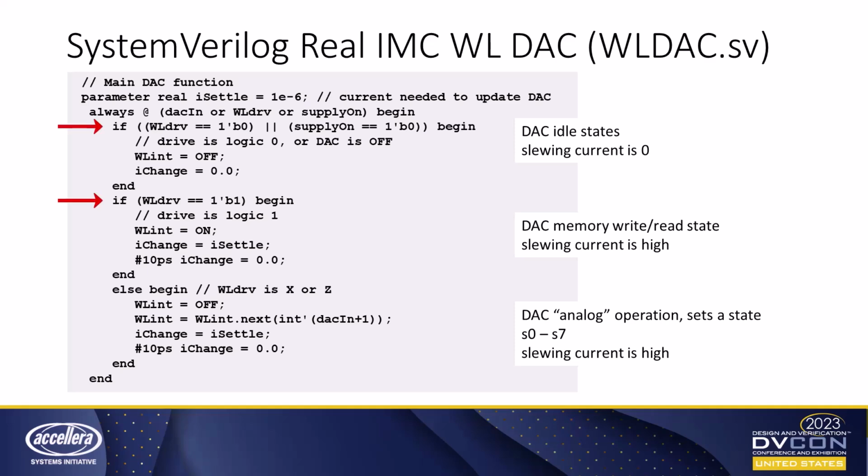So for the case of WL drive equals 0 or equals 1, we set the DAC internal state appropriately, and we also set the change current either to 0 for the off state or to the settling current for an on state. And naturally, for analog computation, we'll set the internal state based on the 3-bit DAC input, and the iChange current variable will get a pulse of settling current.